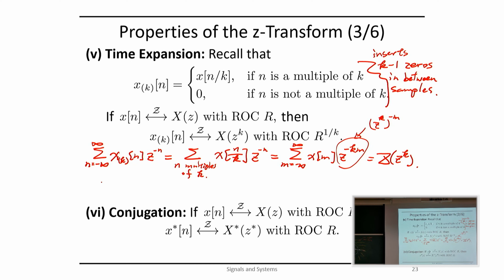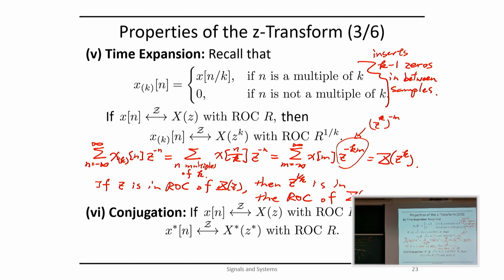So in this case, if you say that z is in the ROC of x of z, if you have a point z that is in the ROC of this original transform x of z, then you can infer that z to the 1 over k is in the ROC of x of z to the power k.